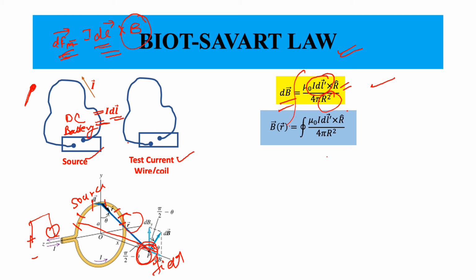So what do I have? The magnetic field at a point is given by the closed line integral around C of this quantity. Now there is a different version of the equation when you are considering a region of space. In that case, the current is described by the current density vector.